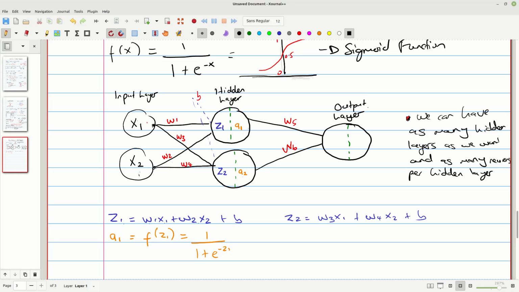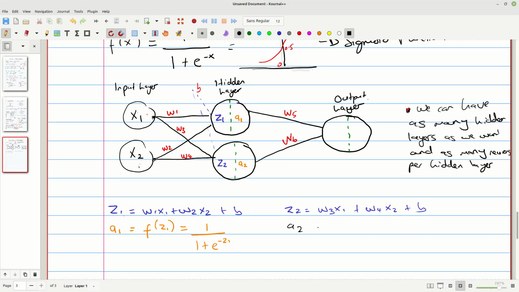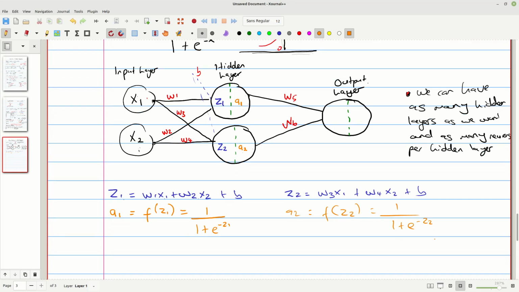That's the output. So our features have gone through this neuron, and the same process happens through this neuron. We're going to have A1 and A2. A2 will be computed in a similar way. It should be obvious, but just for completeness, f of z2 is 1 over 1 plus e to the minus z2, and so on. That's the idea behind this.